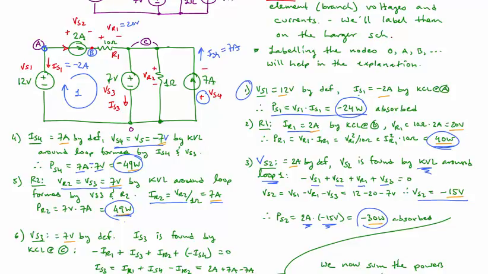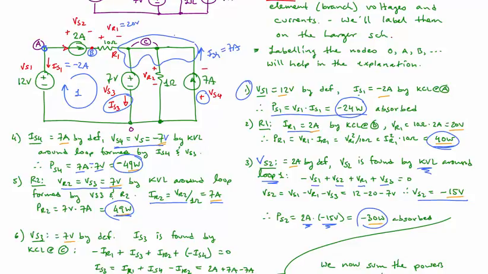Lastly, we have VS3. And there was an order to how I did this. Let's think about VS3. What we need is we need the current IS3 right here. How do we determine that current? Well, we're going to do a KCL right here and around node C. But before we can solve for IS3, we need to know all of the other currents that are entering or leaving that node. Now, we knew the 2 amps from the left.